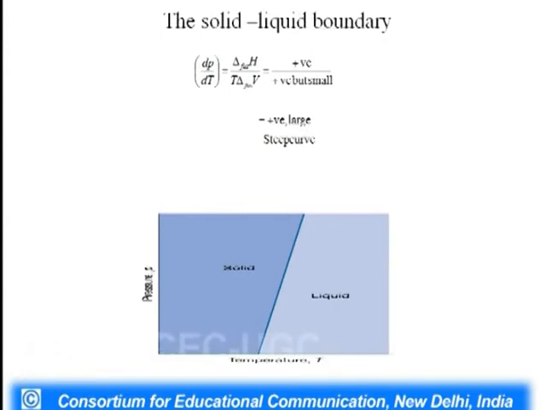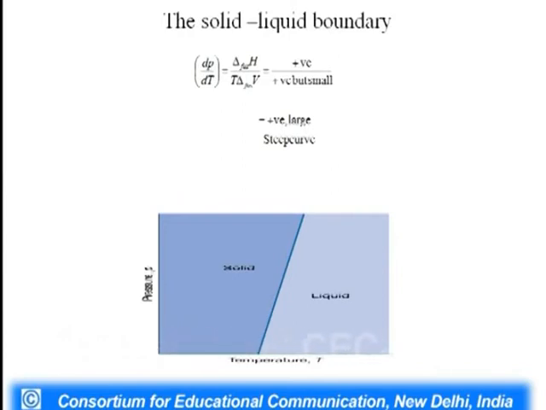Now, think of the solid-liquid boundary, and this is the phase change on the phase diagram, which is the pressure versus temperature diagram. So, dP by dT, if I take solid to liquid: delta S is what? Delta S is delta H by T, and so you have delta H by T delta V. Suppose I want to change solid to liquid, then what I need to do?